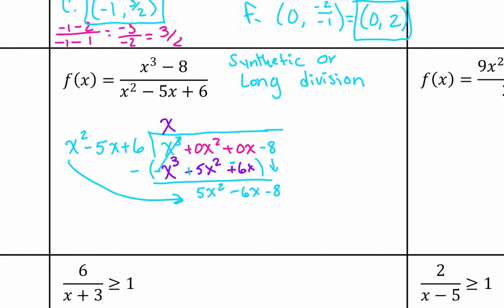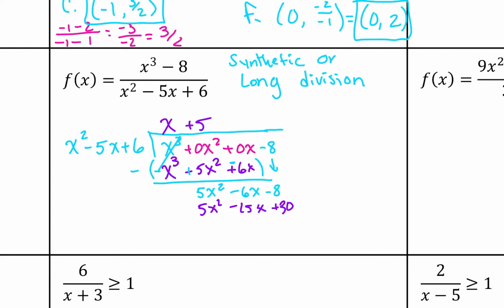Again, what do I have to multiply this x squared by to get to 5x squared? Okay, I know I'm going to have to multiply by 5 here. So we're going to put plus 5 up top right here. And again, we're going to multiply. 5 times x squared is 5x squared. 5 times negative 5x is negative 25x.